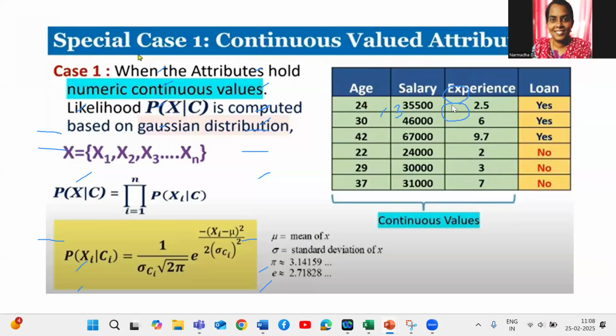If we have a continuous value, then we will have to calculate the likelihood based upon the Gaussian distribution. You just need to understand the formula for the Gaussian distribution, where mu is the mean, sigma is the standard deviation, pi is 3.14, and e is 2.7. That's it.